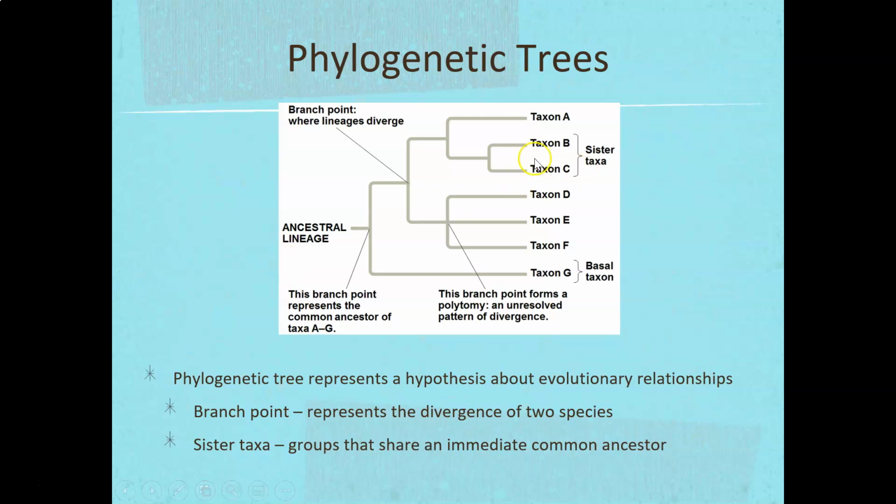So if you come back up here and take a look at some examples, here's a sister taxa, right? So they share this common ancestor. It's immediate to the branch of both of these two species. If we look at D, E, and F, they are all also sister taxa because they all come back to the same branch point where instead of it branching into two, it actually branched off into three.